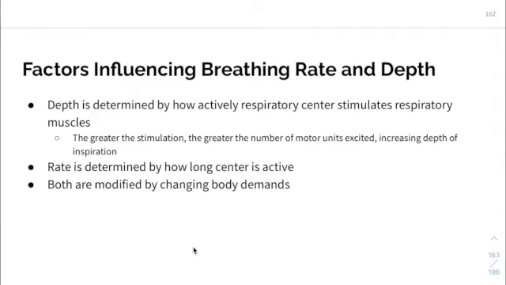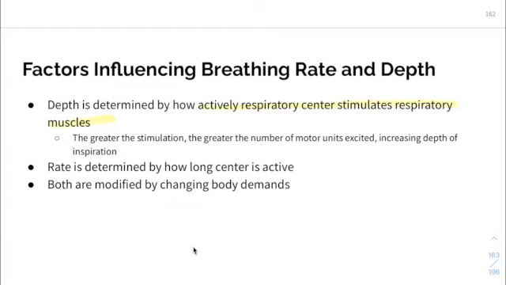So how deep do we take breaths? If we take a really deep breath, those respiratory centers are going to stimulate the respiratory muscles to allow you to take in a deeper breath.